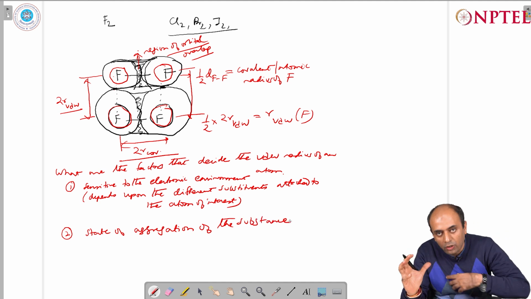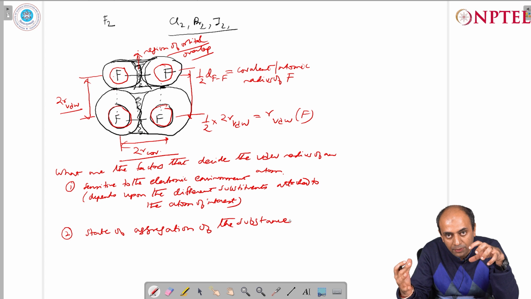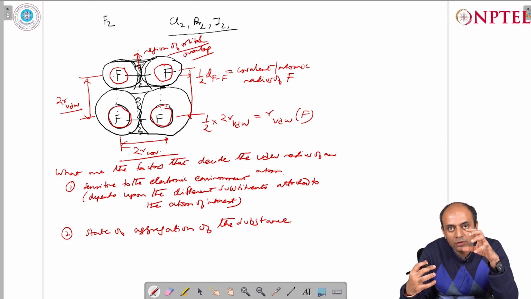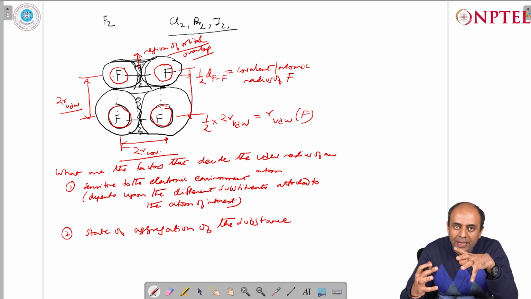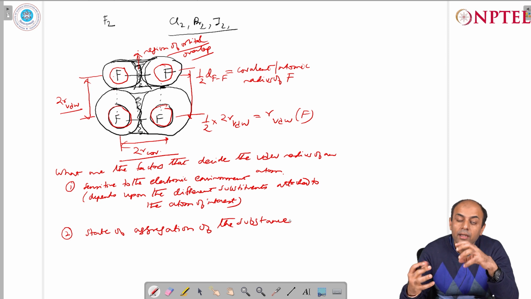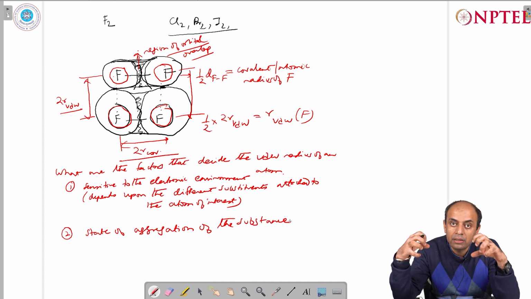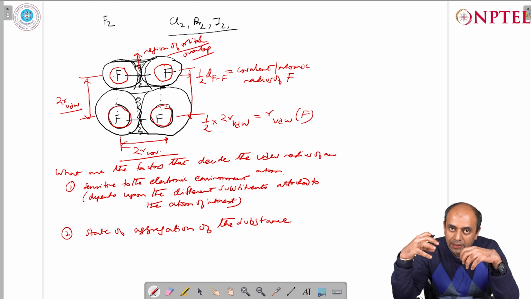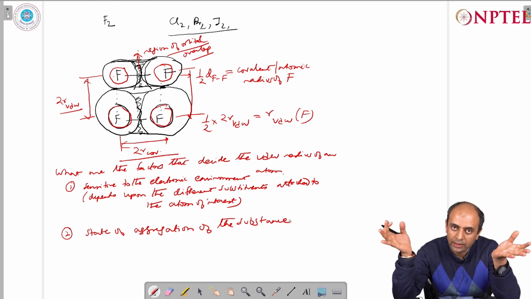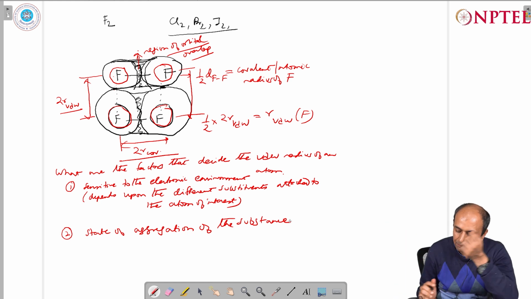Because if you are going to have a solid, then you are going to push the atoms a bit more close, because in solids the arrangement is pretty compact, the density of solids is high, and therefore atoms tend to get a bit closer to each other. So there are compressive forces which are operational, and that can actually modulate or change the van der Waals radius of the atom in comparison to the same atom being in a liquid state compared to that in a gaseous state.